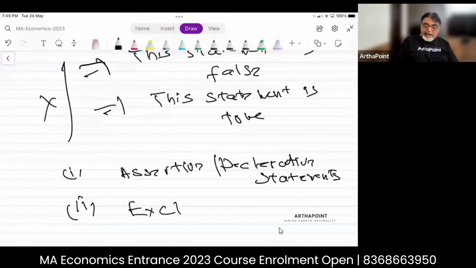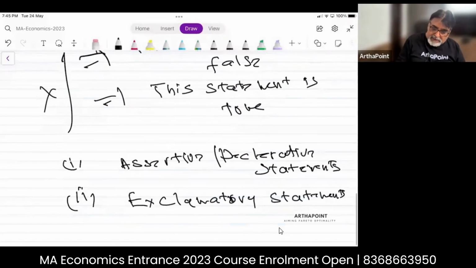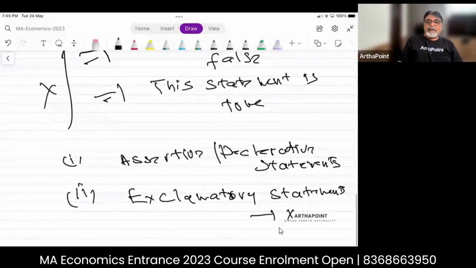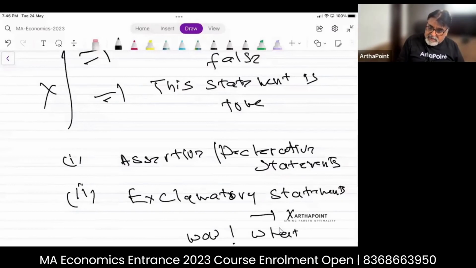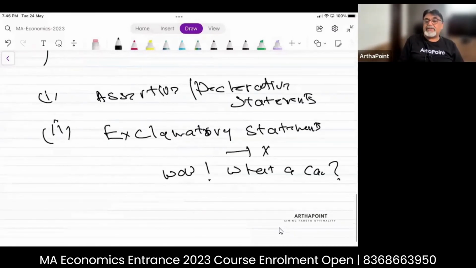What about exclamatory statements? These are not proposition, right? Wow, what a car. Is it a proposition? No, exclamatory statements are not proposition.